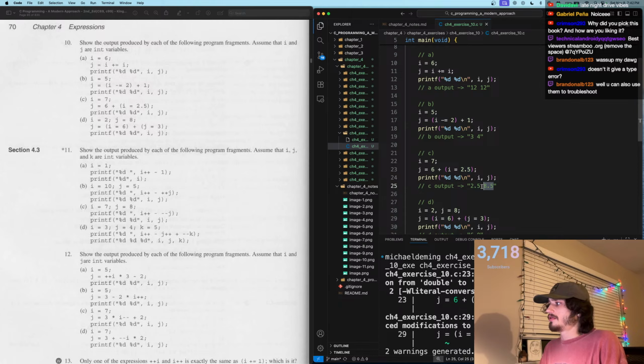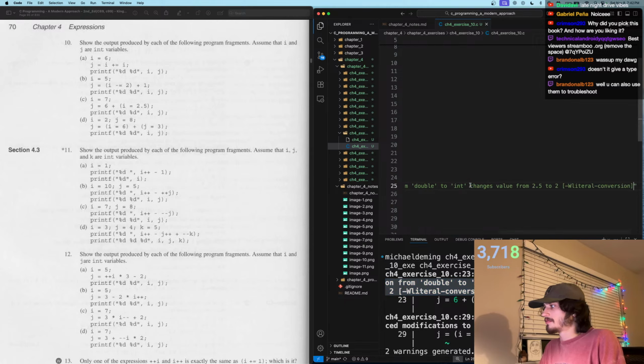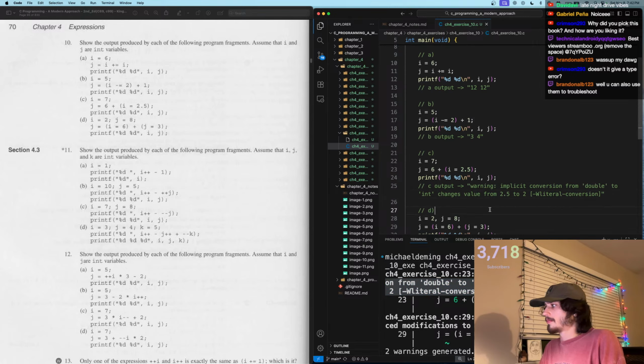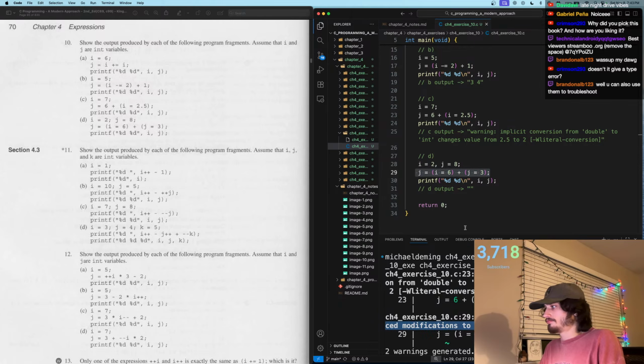So this is going to give you an error, so the C output is this. And then the D output, we can't assign J within the assignment of J itself. That would make sense.